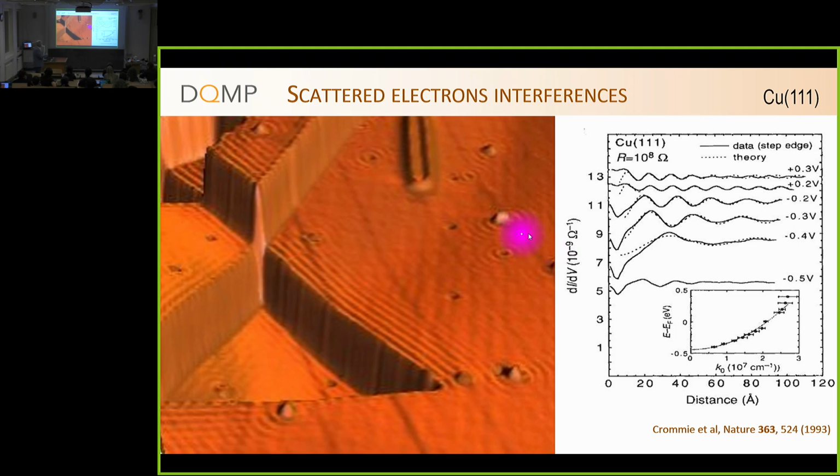You can map out, for these different energies, the period of these ripples, and they change because the wave number of the electrons depends on the energy. K depends directly on the energy, so if you plot these periodicities as a function of energy, you can actually map out the band. In this case it would be the free electron-like band of this surface state.